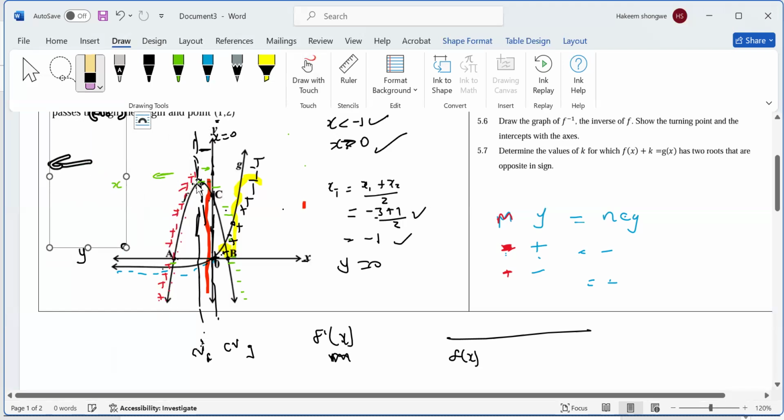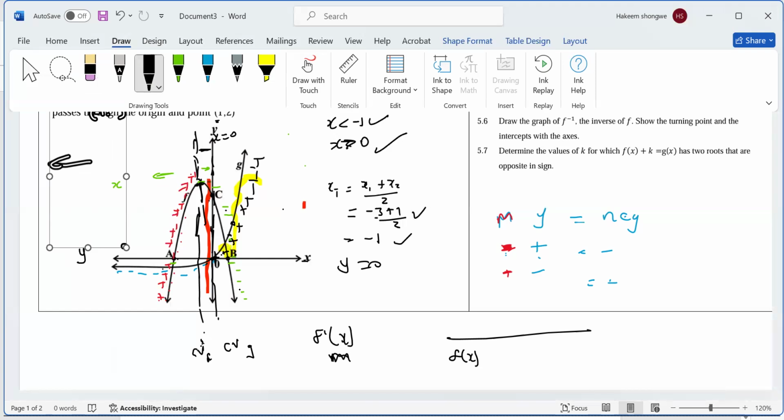And then up until I get to the turning point, whether the graph was appearing below the x-axis or above the x-axis, I didn't care. And since the graph was changing from being positive to negative, I wrote a vertical line to say this is a critical value. I wanted to know what x is here, because the graph is changing from increasing to decreasing. It becomes important to us.